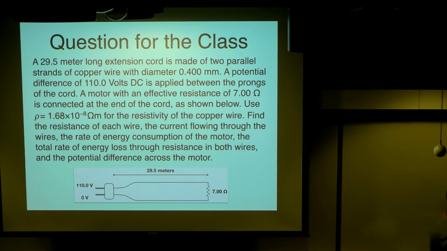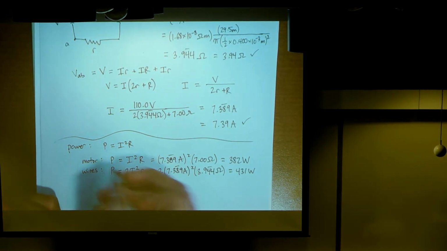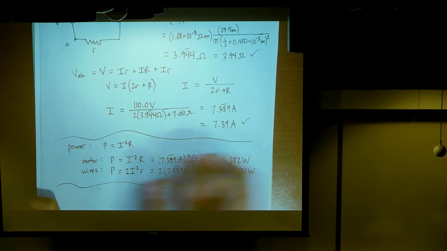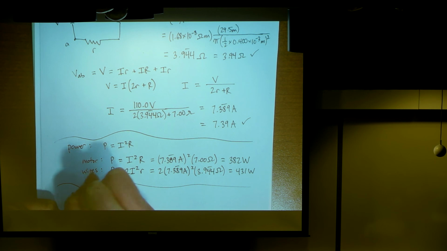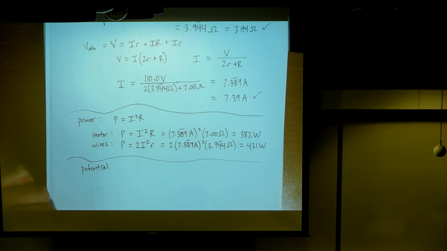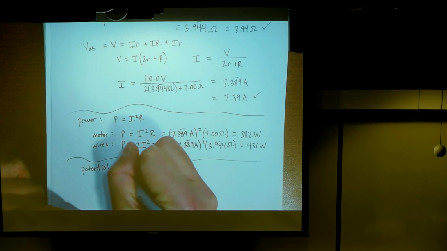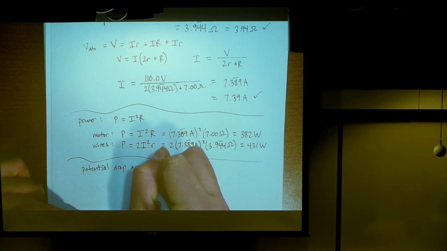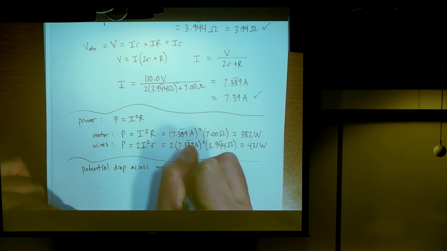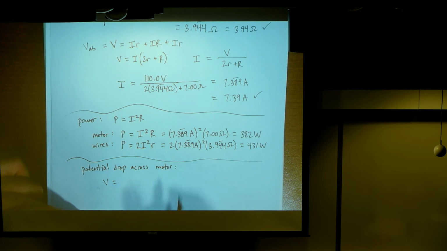How do I calculate V for the motor? We didn't find the potential drop across the motor yet. That's going to be given by V equals I times R.